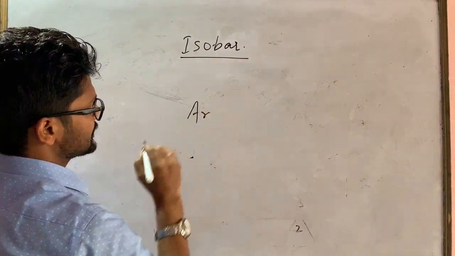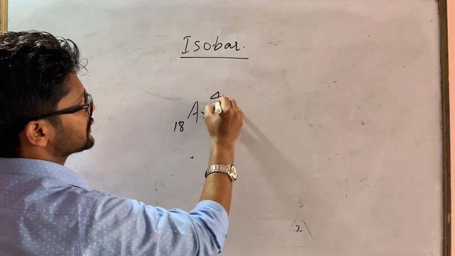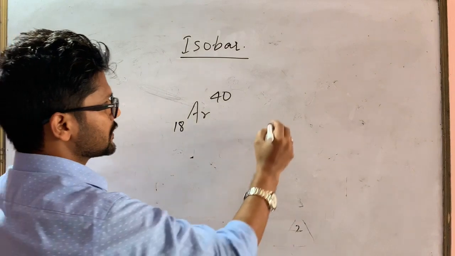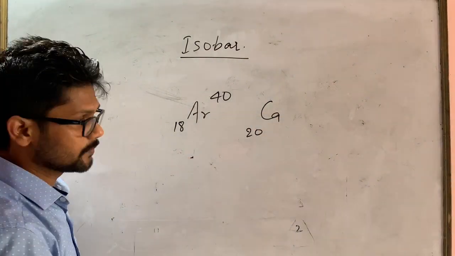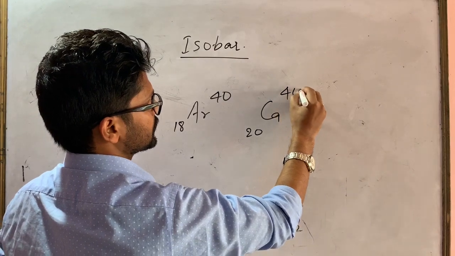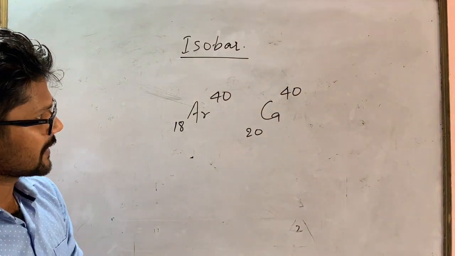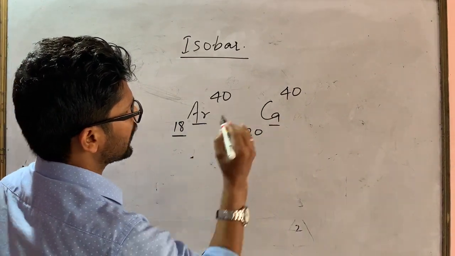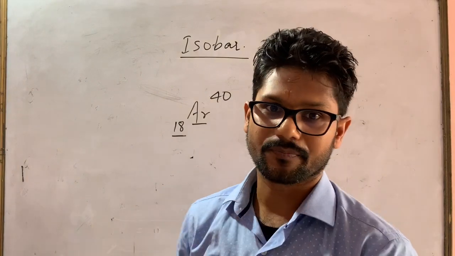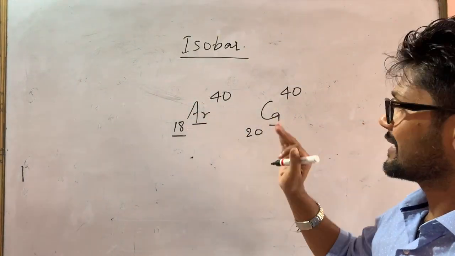Argon, symbol is Ar, atomic number is 18 and mass number is 40. Calcium, atomic number is 20, and mass number is 40. Right. So from this you can say that both are different atoms. Yes or no? One is argon and one is calcium. So you can say in isobars, two different atoms.